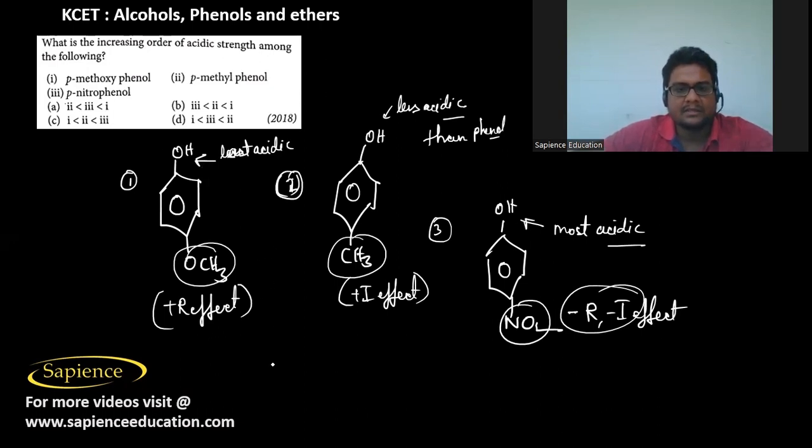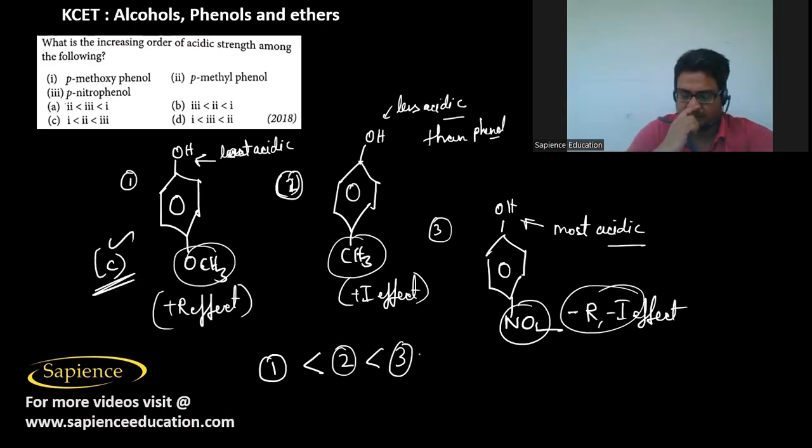So the first one is the least acidic, the second one is slightly more acidic than the first one, and the third one is the most acidic. So one less than two, less than three. So option C is the correct answer.